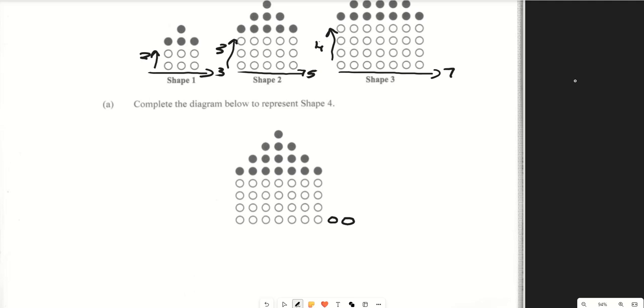If this is the fourth, it's supposed to increase here. So we're going to add this, 1, 2, and then we have increased by 1, making 9. And then we're going to just fill in the colored ones.